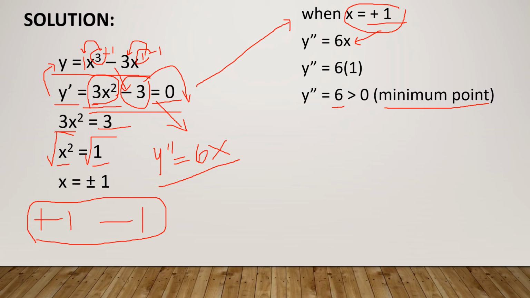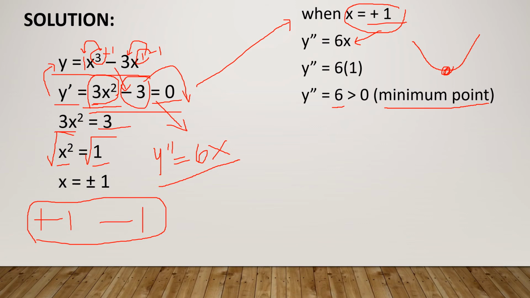the transitioning of the concavity of this graph is concave up, meaning to say your graph will represent a concave up. So this point here is the minimum point that your graph can meet.